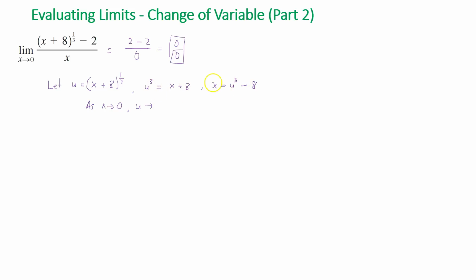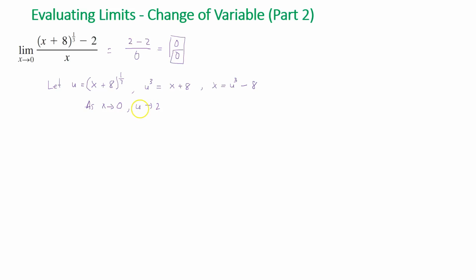If I make x 0 here, u would have to equal 2, right? So 2 to the power of 3 is going to give me 8, and 8 minus 8 is going to give me 0. So that tells me that u is going to approach 2 as x approaches 0.